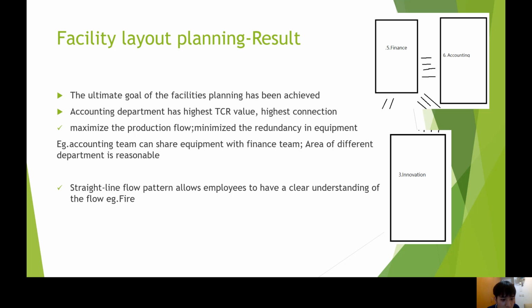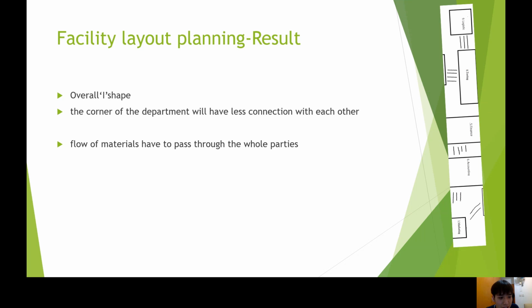Also, the strict line flow pattern of the facility layout allows employees to have a clear understanding of the flow. In case there is a fire, employees have a clear understanding of which department is behind or way behind the before department.